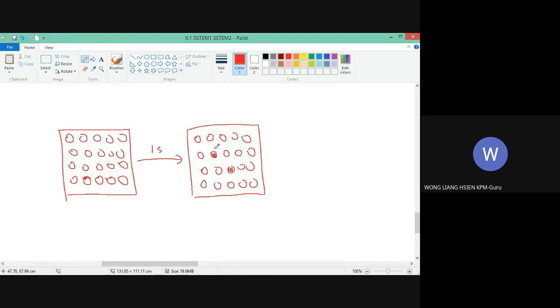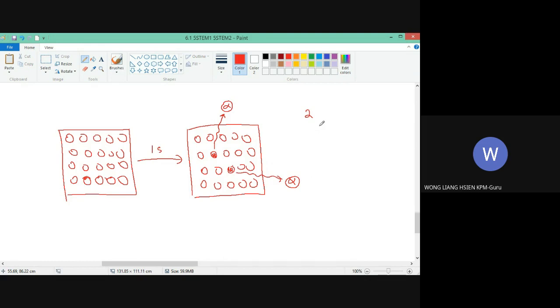Every time one decays, it will emit 1 radioactive particle, for example an alpha particle. So that means every 1 second got 2 radioactive nuclei that decay, and this will also mean that every 1 second got 2 radioactive particles that are emitted.